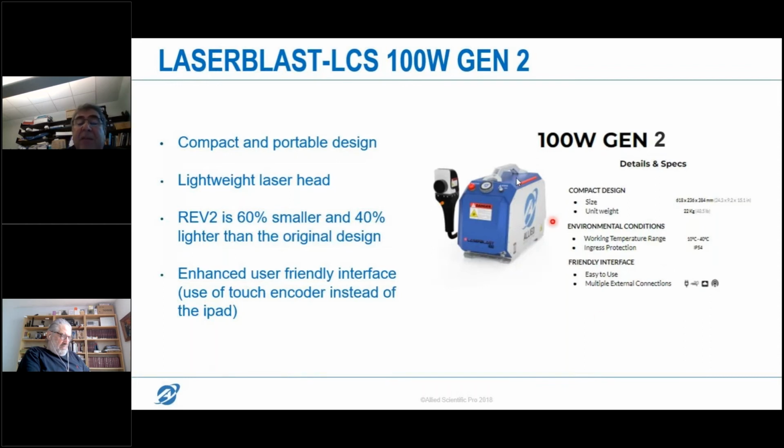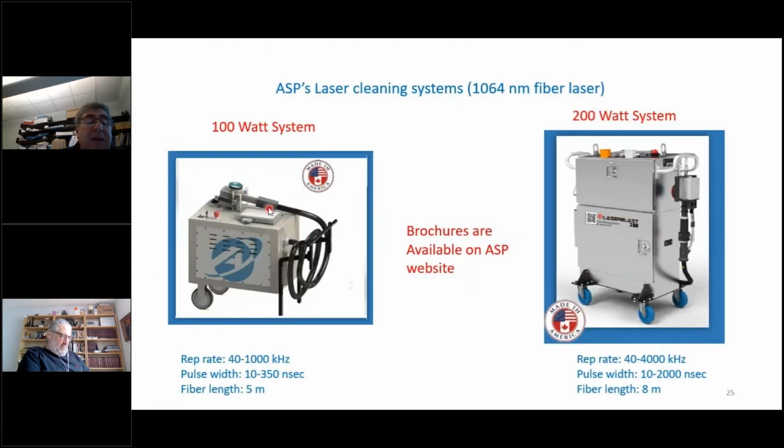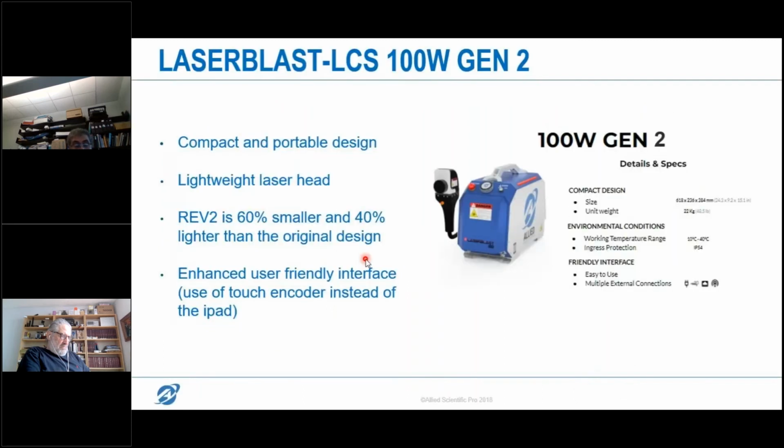And there was an iPad. If you look at the 100 watt, you can see there's an iPad on the box where you can do all your parameter selections. And this iPad is now replaced by a user-friendly touch encoder that you can see here. So this will take less time, less space.